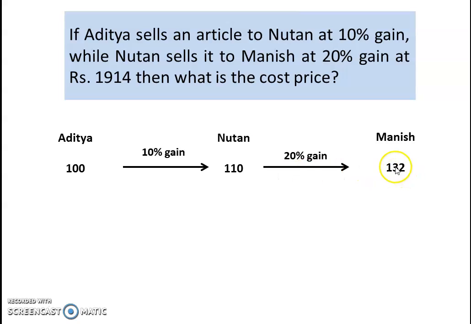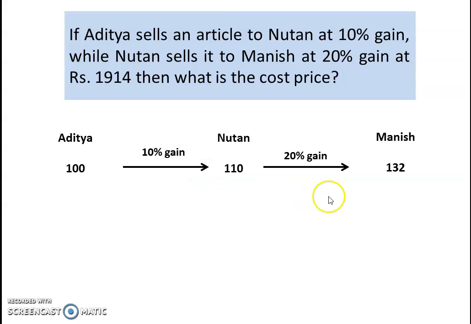Now this selling price is according to this particular CP. So when CP is 100, selling price for Nutan is 132. According to question, it is given Nutan sells it to Manish at 1914.